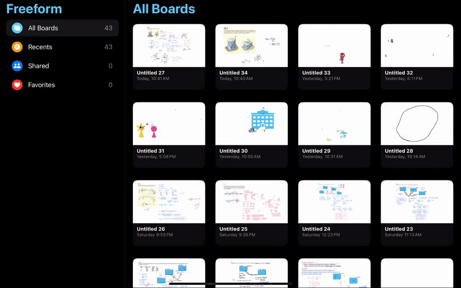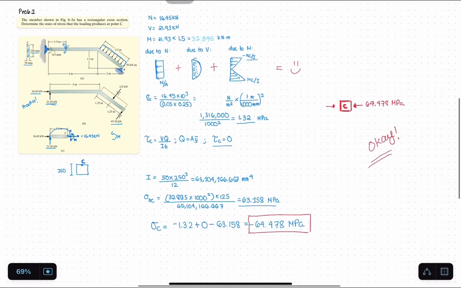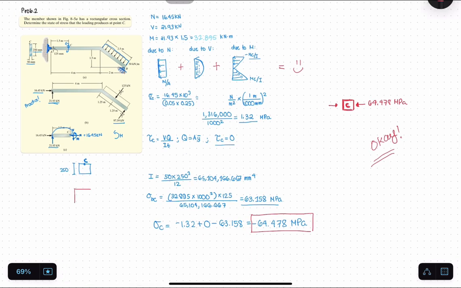Kaya ano pa, yung sa previous natin na, saan ba yun? Eto. So, di ba ito yung cross-section natin, 250 dito, tapos 50 dito. Nandito yung moment. So, saan dito yung dimension ng cross-section natin na parallel sa direction ng moment natin? Yung 250, kasi nga, ito siya. So, parallel ito, no?